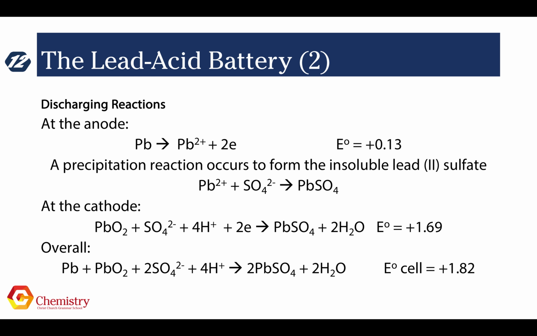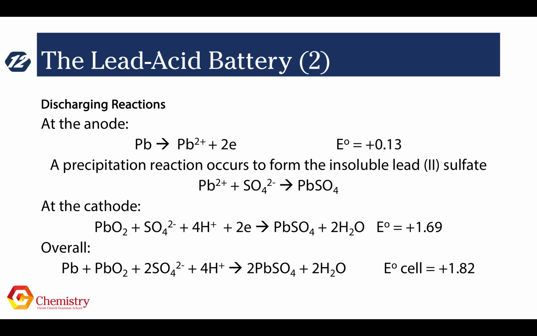Now it's worth noting that the lead 2+ that's produced is then almost instantaneously involved in a precipitation reaction, and that forms lead sulfate, and the sulfate is present due to the presence of the sulfuric acid.